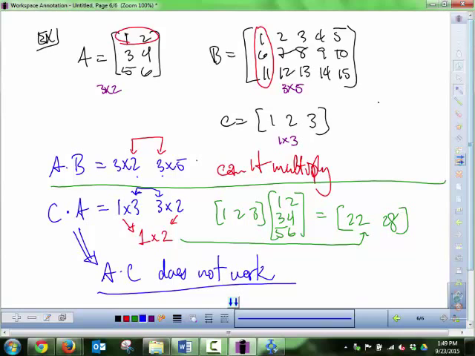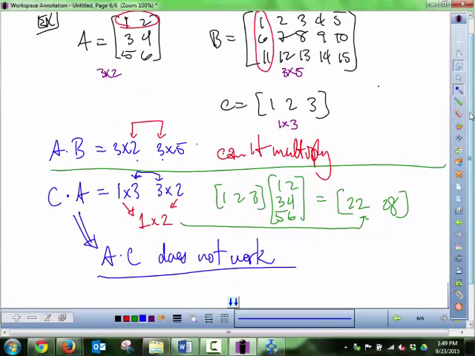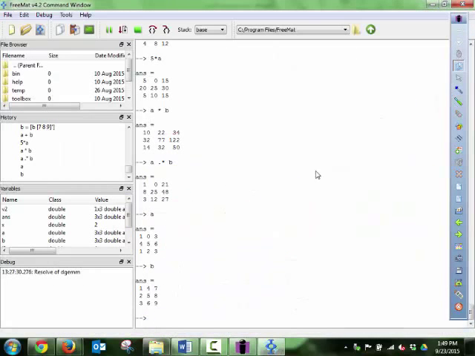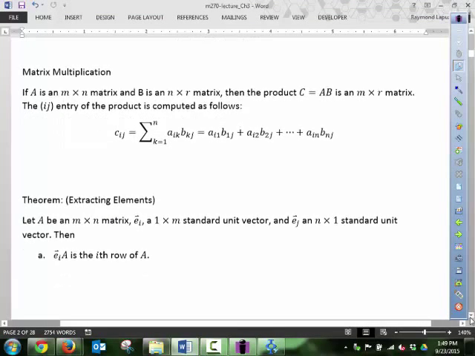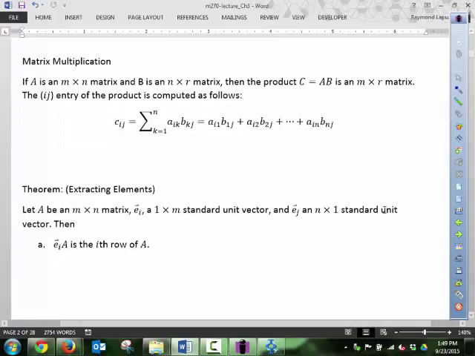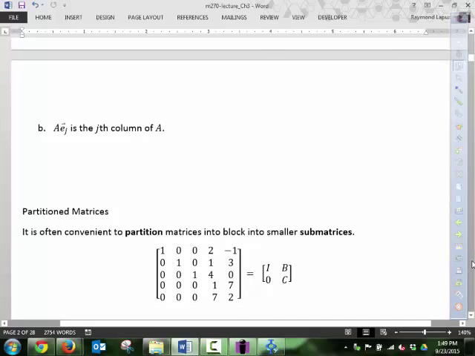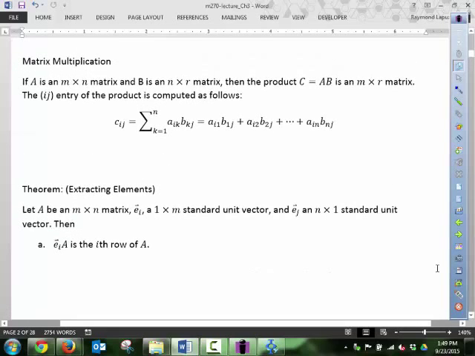All right. Before we do this extracting elements business, let's continue talking about the matrix multiplication not being commutative.